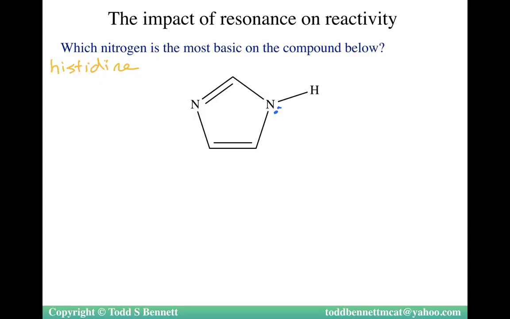So this is not histidine itself. This is the side chain associated with histidine. It is important, I think, to start off by considering where electrons are being held. Let's start with this pi bond right here. I'll draw that here.